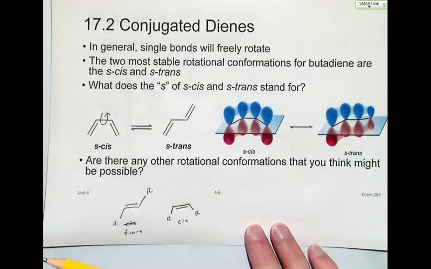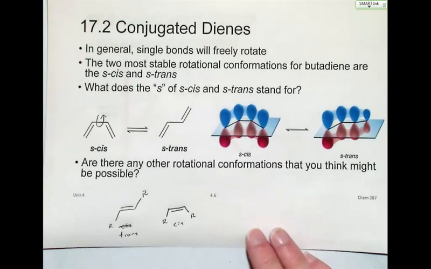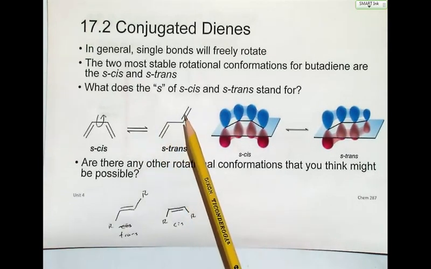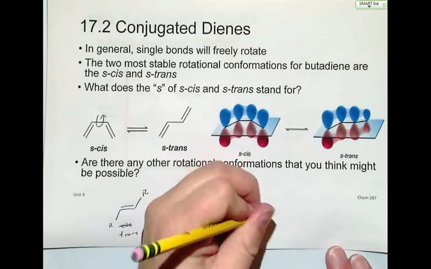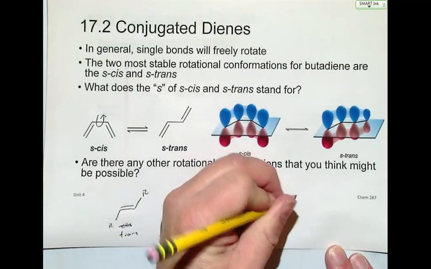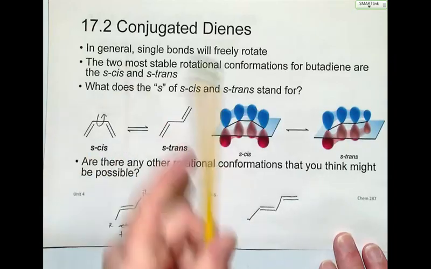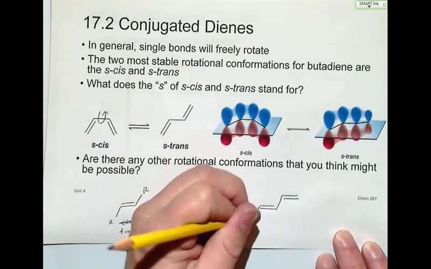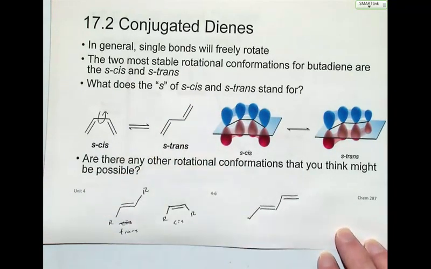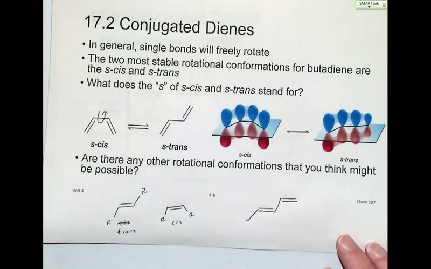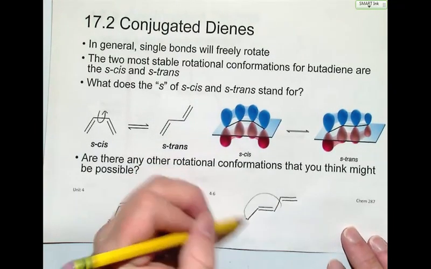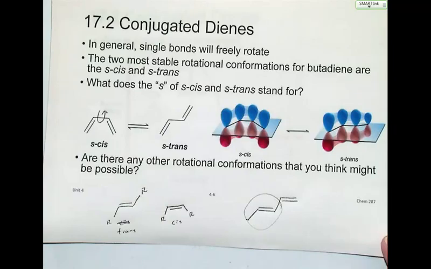There's two double bonds. Okay. Well, what if I drew that? It's two double bonds. Is this cis or trans? Trans.